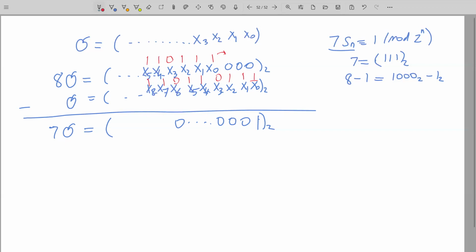So this pattern continues throughout. So we find that x0 is 1, and aside from that, if the index is a multiple of 3, we get 0, and otherwise we get 1.